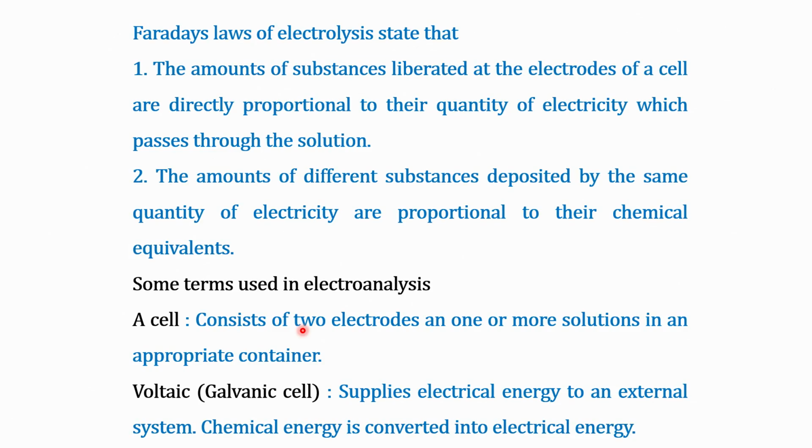Now, we are going to talk about Faraday's laws of electrolysis, and there are 2 laws. One states that the amount of substances liberated at the electrodes of a cell is directly proportional to the quantity of electricity which passes through the solution. Okay. So, this is a sort of observation and intuition.